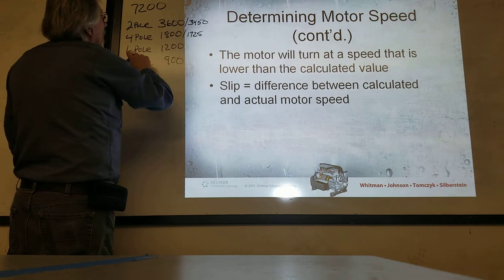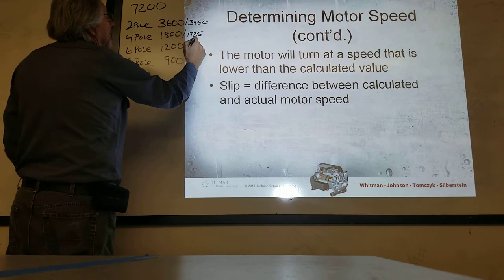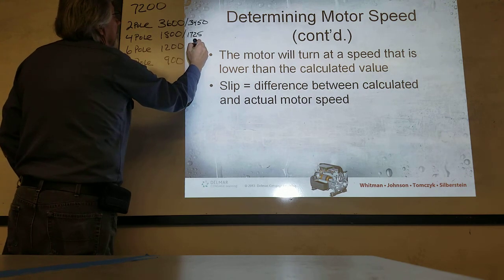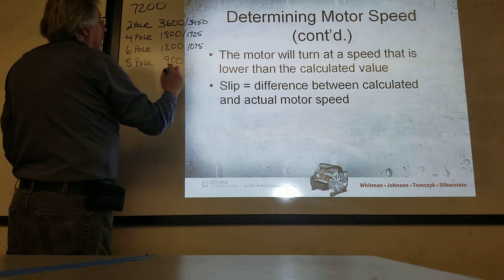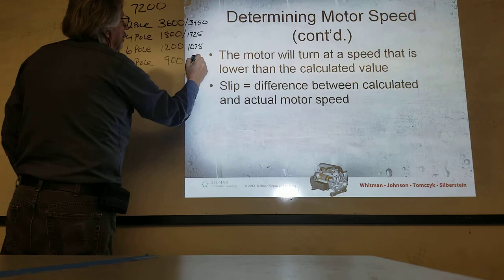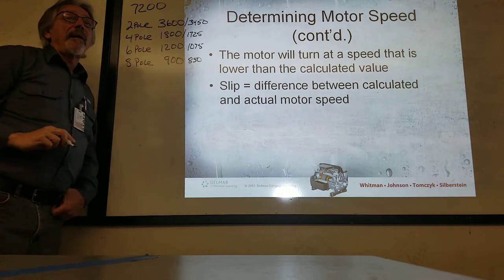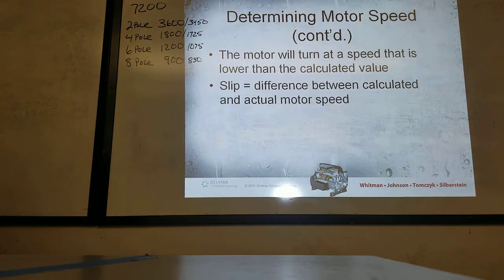A 6-pole could be, most of the time, 1075, and an 8-pole might be 850 or 825. It just depends on the motor design and manufacturer, right? Okay, got that?